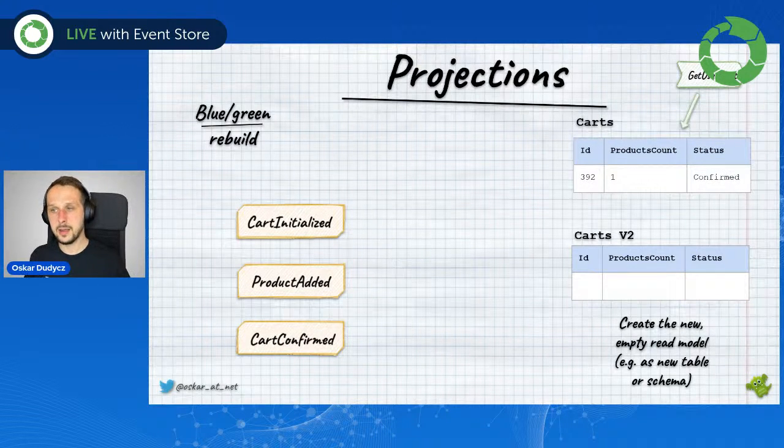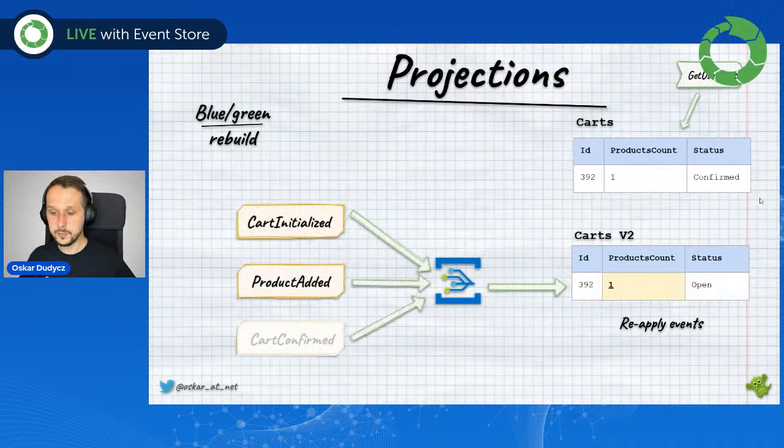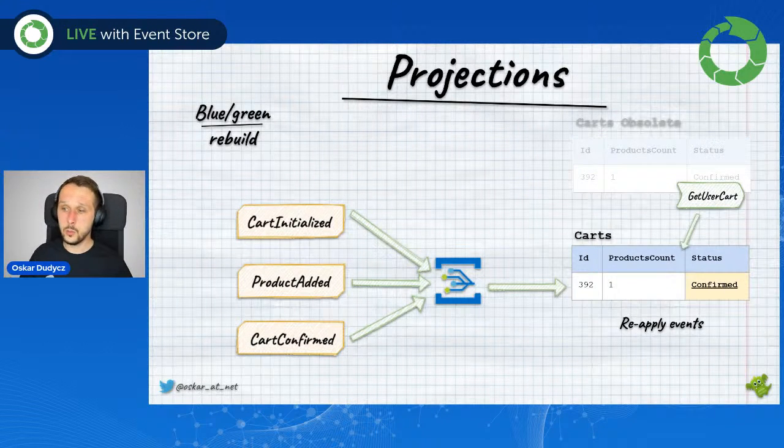Meanwhile, we create a new empty read model in parallel. The old one still handles the queries, and we apply each event on the new read model. After we have applied all of the events, we switch the querying to the new read model and make the previous one obsolete, potentially truncating or archiving it.